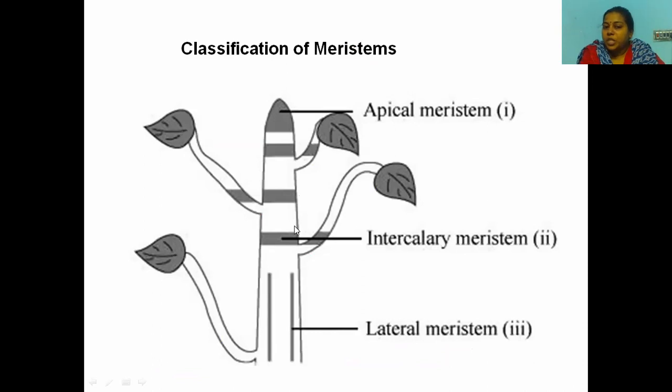The space between two nodes is called internode. Okay. So intercalary meristems help in increasing the length of the internodes, so that it obviously helps the plant to grow well, for the development or the growth of the plant.